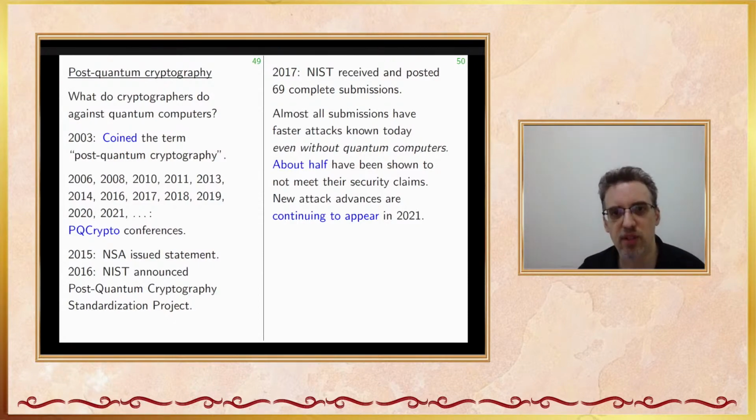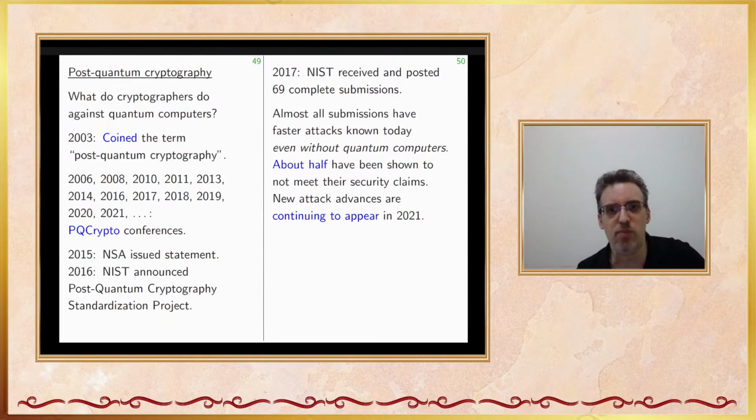The other half, the sort of survivors, those have lost security, but they had enough of a security margin that their security claims haven't been broken. So out of 69 submissions, there's about 30 which are still not shown to be broken by any attacks that are known after a few years, while the other 30-something are shown to not meet the original security claims.